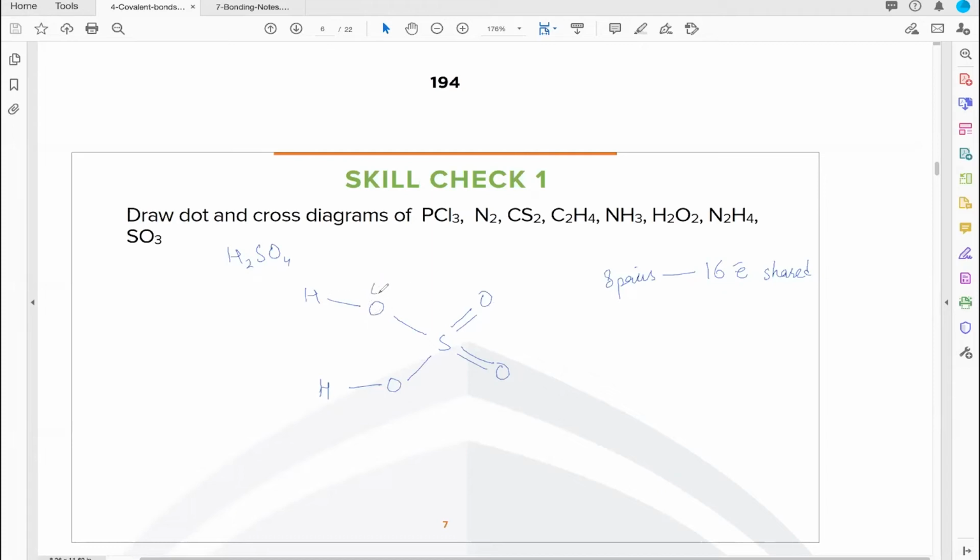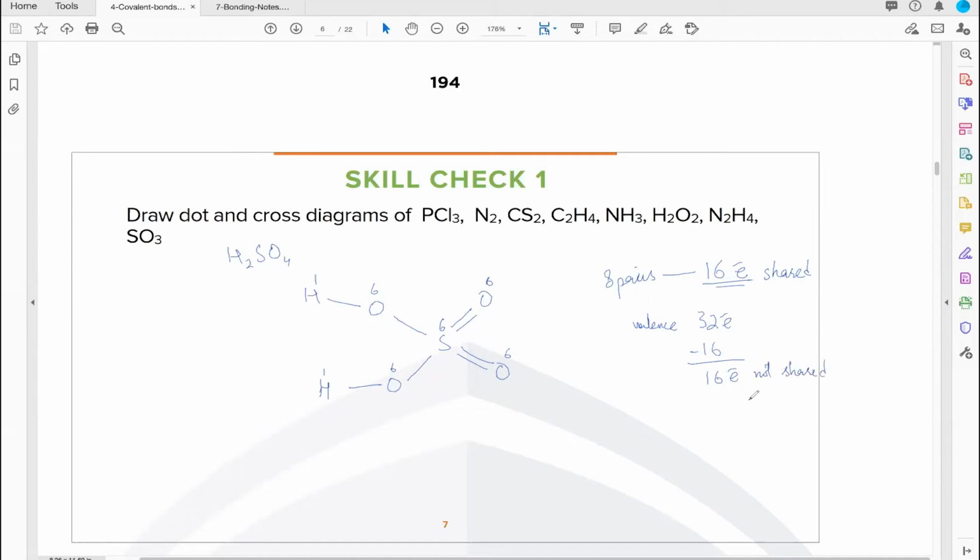Oxygen is in group 6, so 6 here, 6 here, 6 here, 6 here. Sulfur is also in group 6, so 6 here. And hydrogen just has 1, so 1 here. So the total comes out to be 32 electrons, which are valence. So if 16 are shared, obviously 32 minus 16, that is 16 electrons not shared.